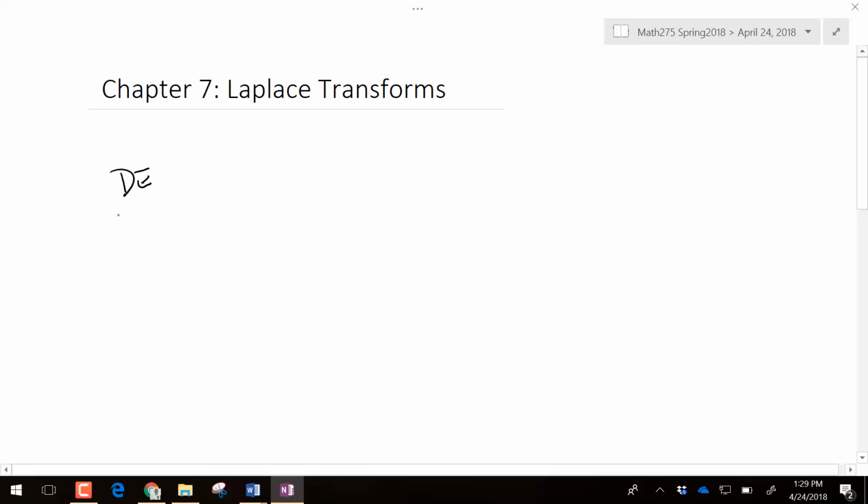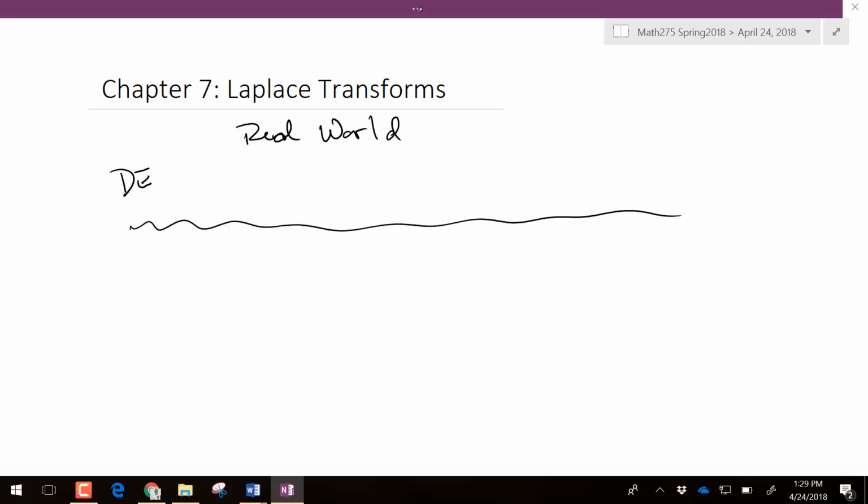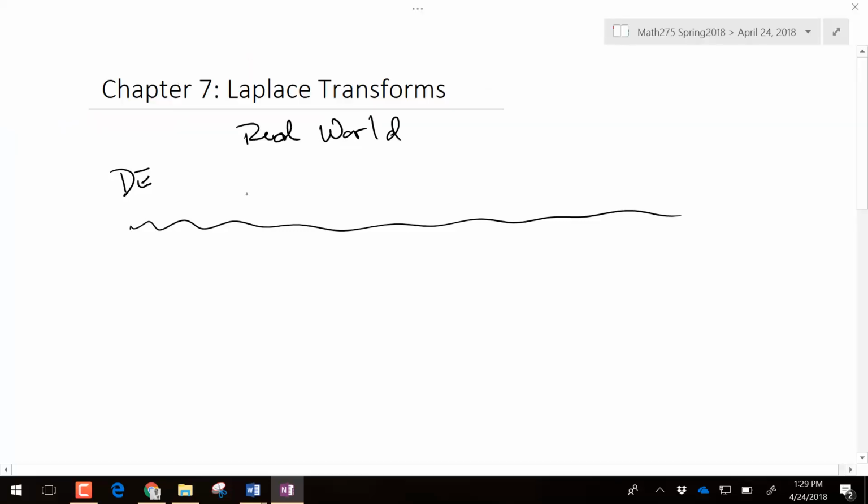I'll just say real world. So this is the real world up here. And the idea behind solving a differential equation is, in the real world, you would use calculus to solve for this differential equation.